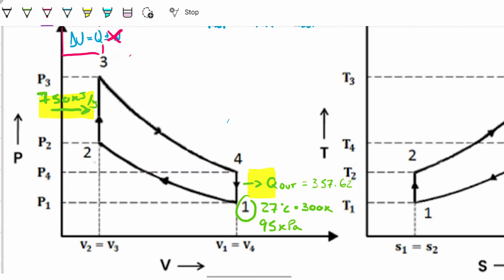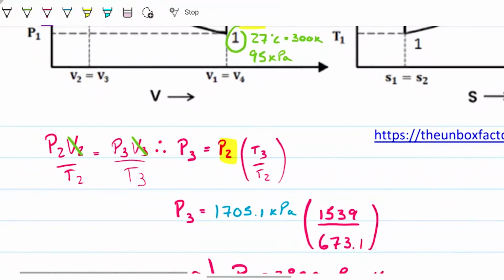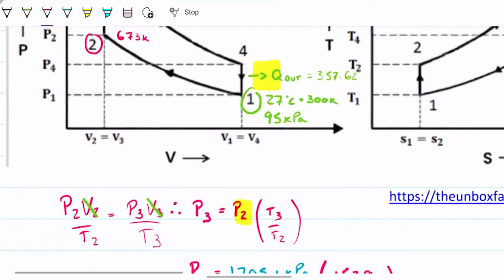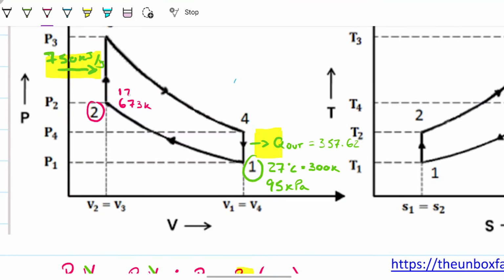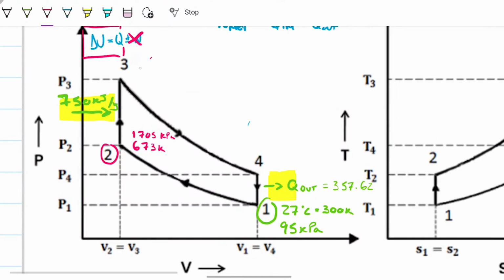We found that T2 is 673 Kelvin. We also at some point found the pressure for P2 as well, and that was 1705 kilopascals. At some point we found T3 as well.